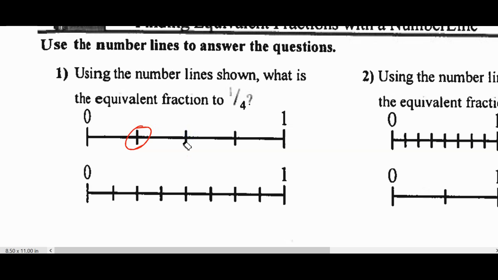Right here? Yes, because look, my fraction is 1/4. That means I hop just 1 like that. So this one right here is 1/4. I'm going to write it at the top. If I was you, I would get out a highlighter and go straight down.